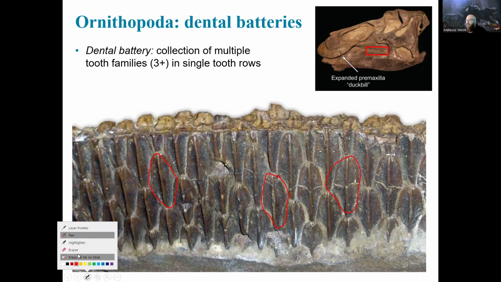So each of these are individualized teeth, but we don't see the entire tooth. We don't actually see the entire root of the tooth either, which is going down a little bit further below that because there's overlapping teeth constantly. So there's multiple teeth within each what we call tooth family. So each row of teeth here, a column in this case. In this case here, there's 1 and 2.